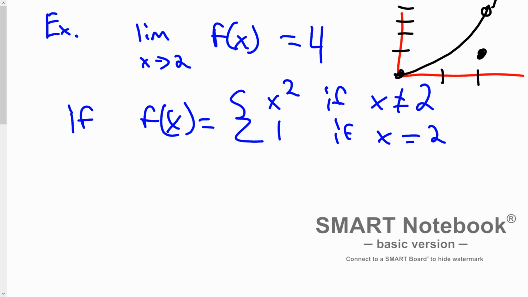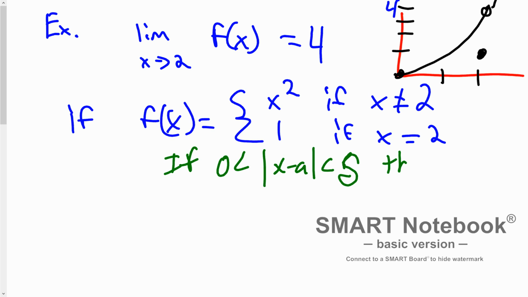Okay? And so our limit looks like we're getting closer and closer to 4, right? But maybe something happens in here, right? So as we look at this, we want to go backwards. So it's an if-then statement. If this is true, delta, then this has to be true.